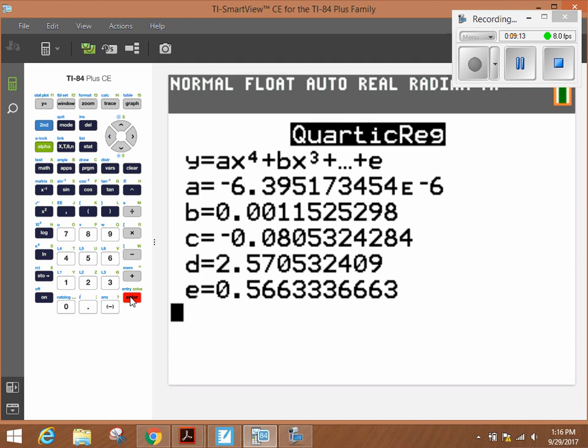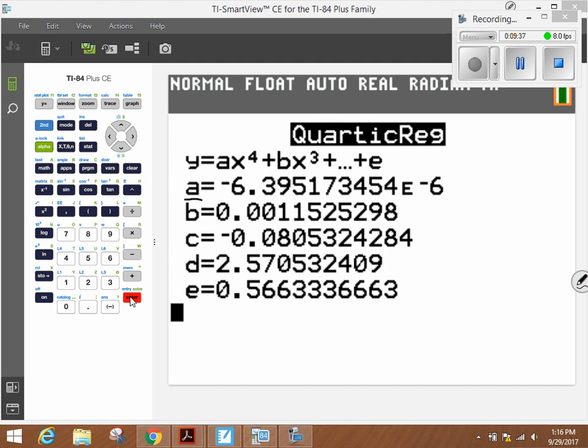And this is the equation that we could use to roughly model this data. So in other words, what this equation looks like is, this here is going to be our coefficient of x to the fourth.